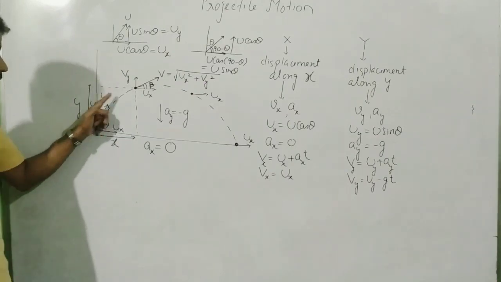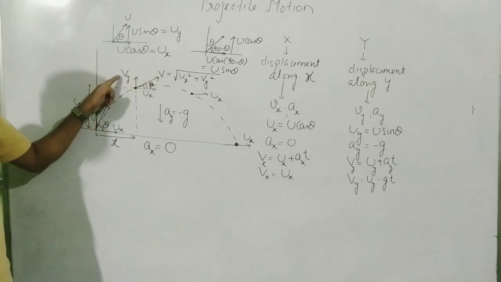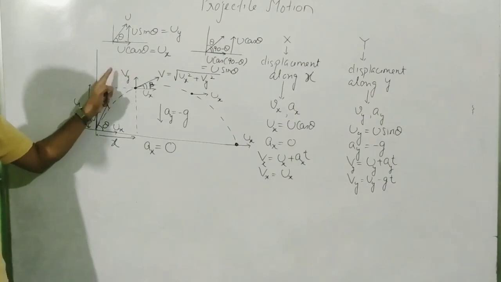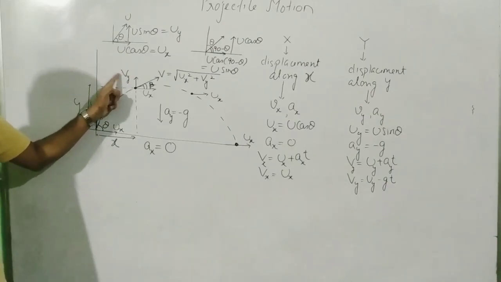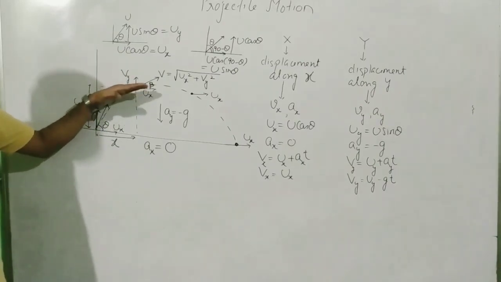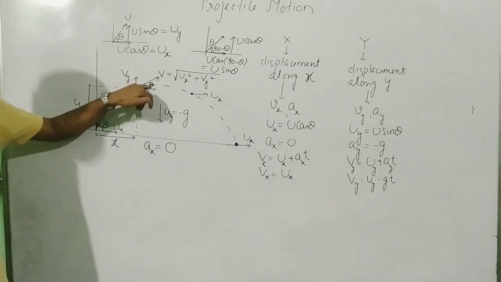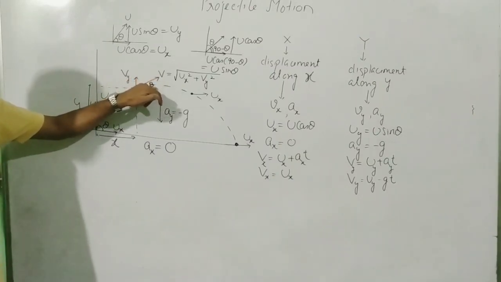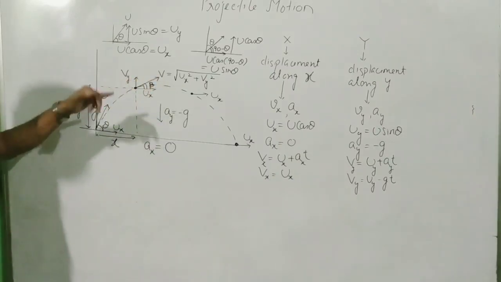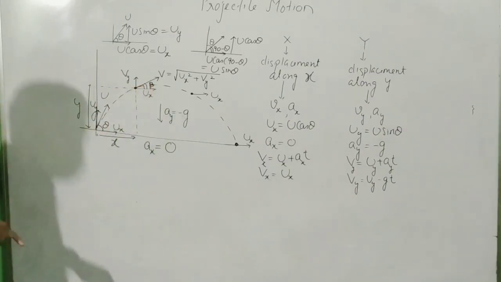But that angle keeps changing because one component of the velocity is changing, and hence after some time, if they ask you what angle the net velocity makes, that angle we are referring to here as beta.